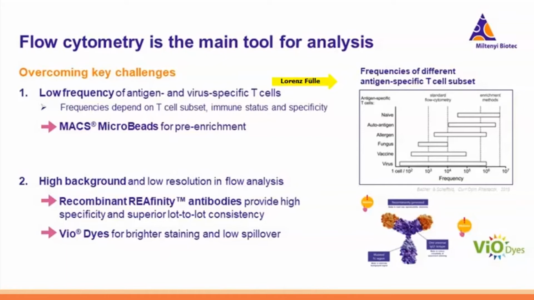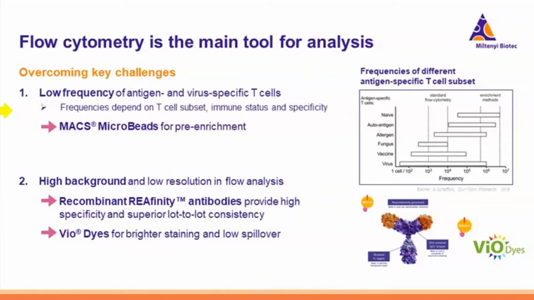Nevertheless, with modern flow cytometers, you should be able to detect at least some cells, but there might be certain conditions where hardly any cell can be detected, and here our MACS MicroBeads could be used to pre-enrich T cells before flow analysis.